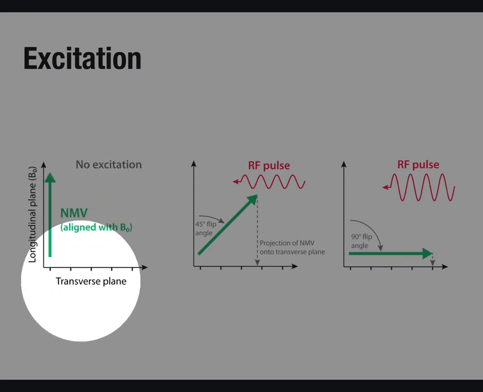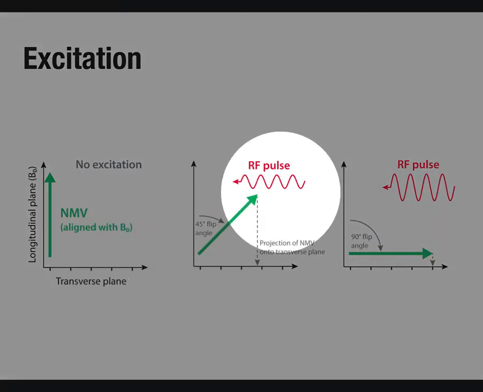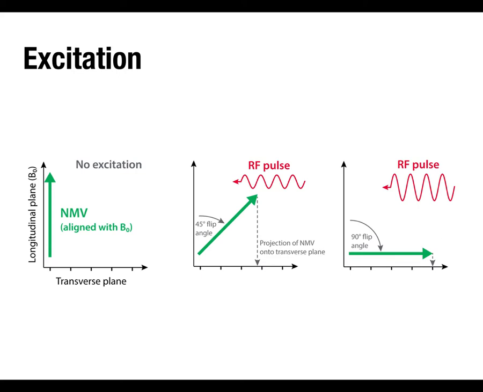Then we can also define the transverse plane, which is basically 90 degrees away from that. Within the bore of the scanner, if you imagine me lying there, the transverse plane is sort of cutting through my midsection or something like that. All right. When we send in the RF pulse, the protons are absorbing energy, and that causes the net magnetization vector to flip, or to move into the transverse plane.